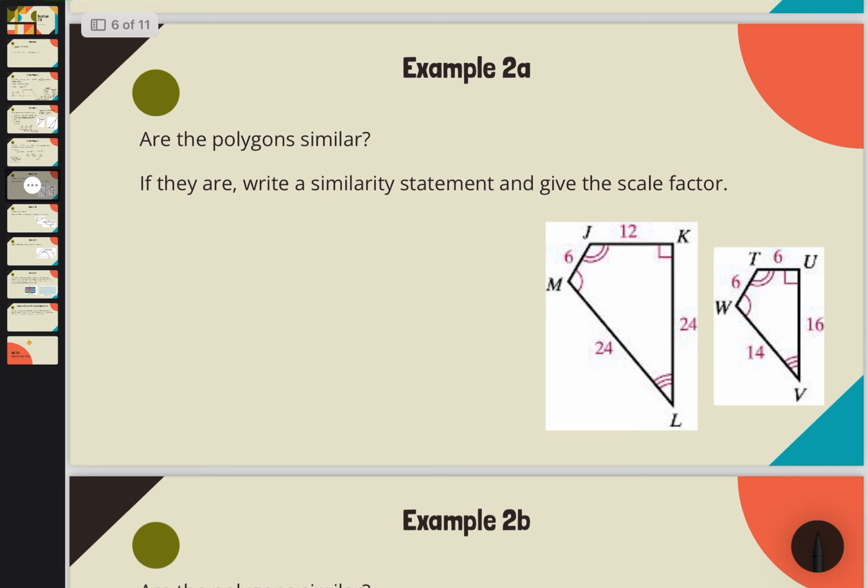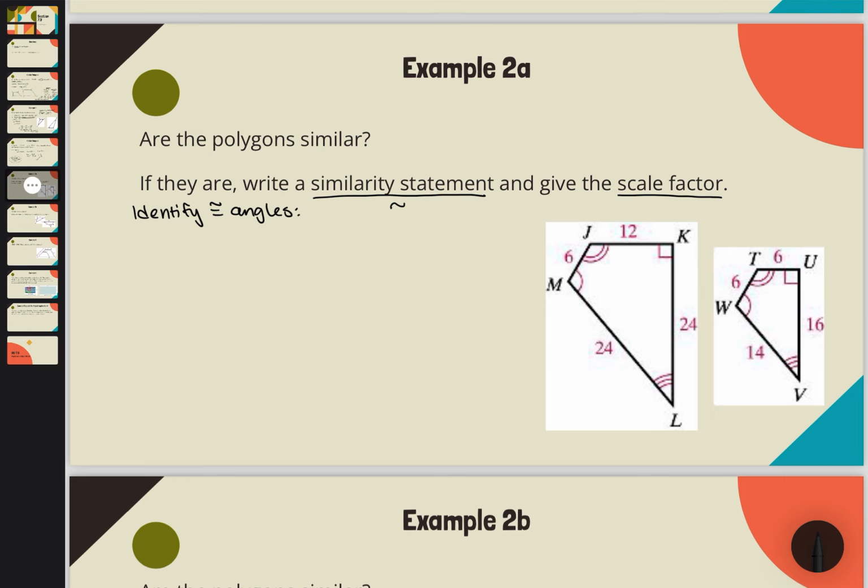Let's keep going. Are these polygons similar? If they are, write a similarity statement, with that similarity symbol, and then give the scale factor. So first we're going to identify congruent angles.